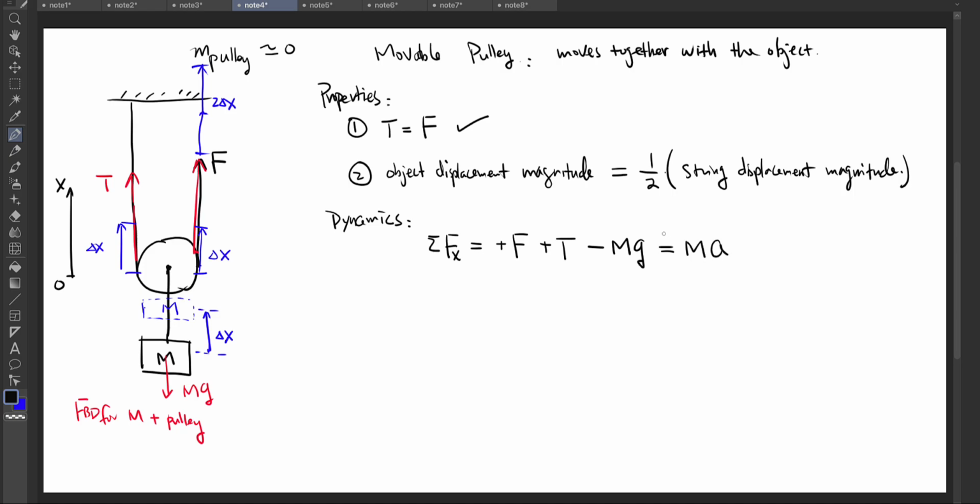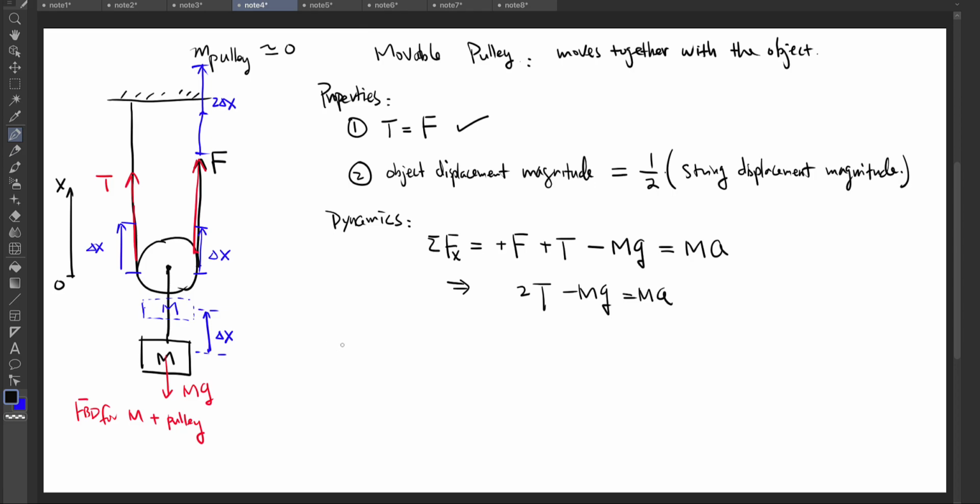Okay. But since T equals F, we can also say there's another tension T acting on the right side. So from here we have 2T minus Mg equals Ma. Okay. Now from there you should be able to solve the problem to calculate the a, for example, if you know the tension force or the pulling force.